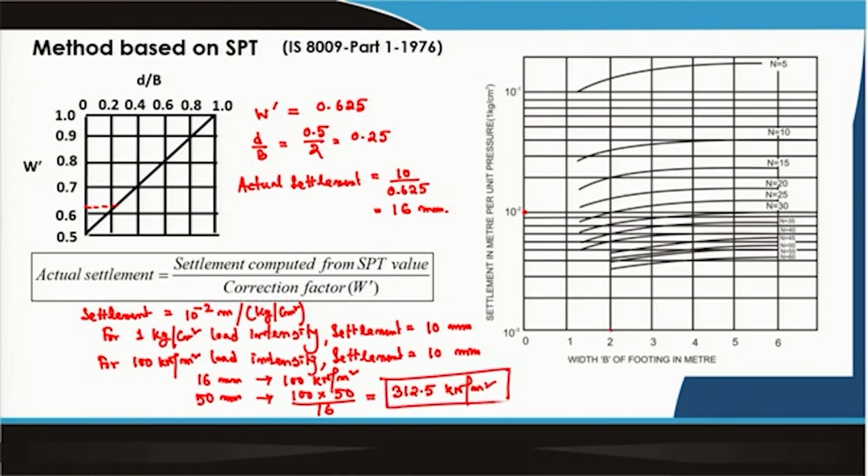So, from the settlement consideration, the load or the stress that a foundation can take, such that the settlement of the foundation will be within the permissible limit, is 312.5 kilonewton per meter square. Here the factor of safety will not apply, because this is based on the permissible settlement.